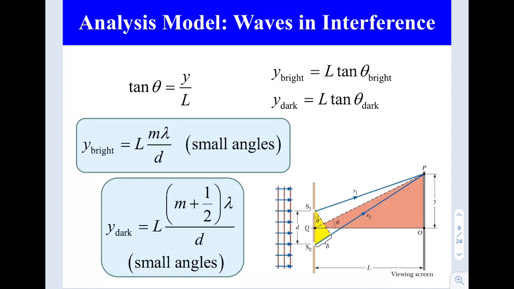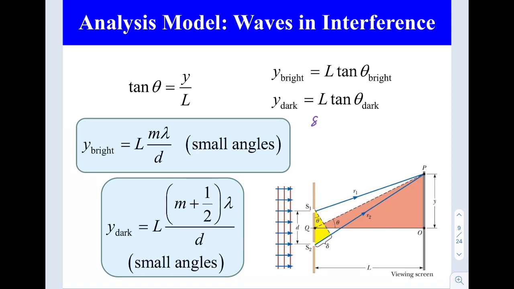Tangent theta for the orange triangle is equivalent to y over L, where L is the distance of the viewing screen from the slits. For the bright fringe, y bright is equivalent to L tangent theta bright. For the dark position on the viewing screen, y dark is equivalent to L tangent theta dark.